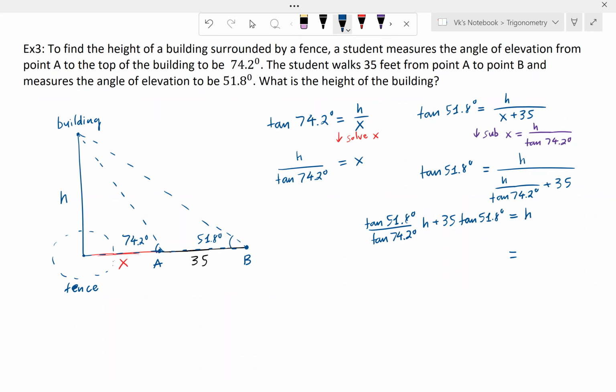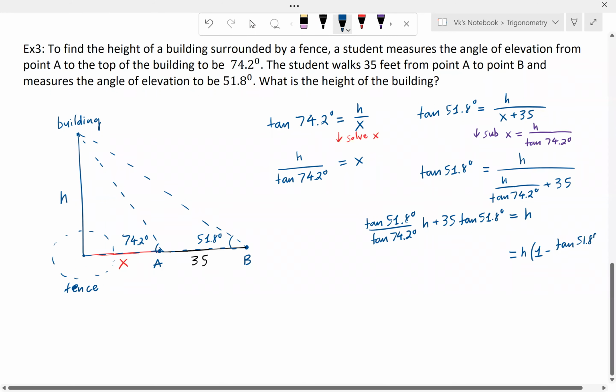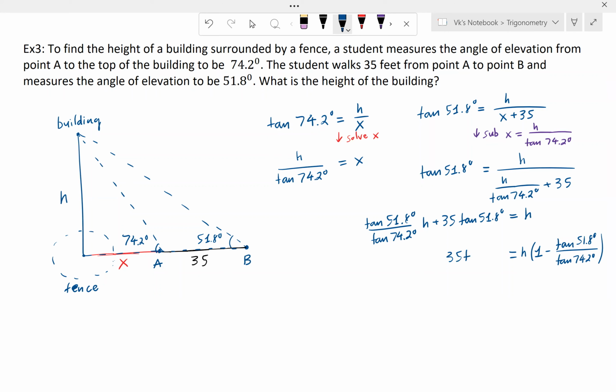Move h to one side of the equation and factor it out. Then we have h times 1 minus tangent of 51.8 degrees over tangent of 74.2 degrees, equal to 35 tangent of 51.8 degrees. Divide both sides by the coefficient of h.